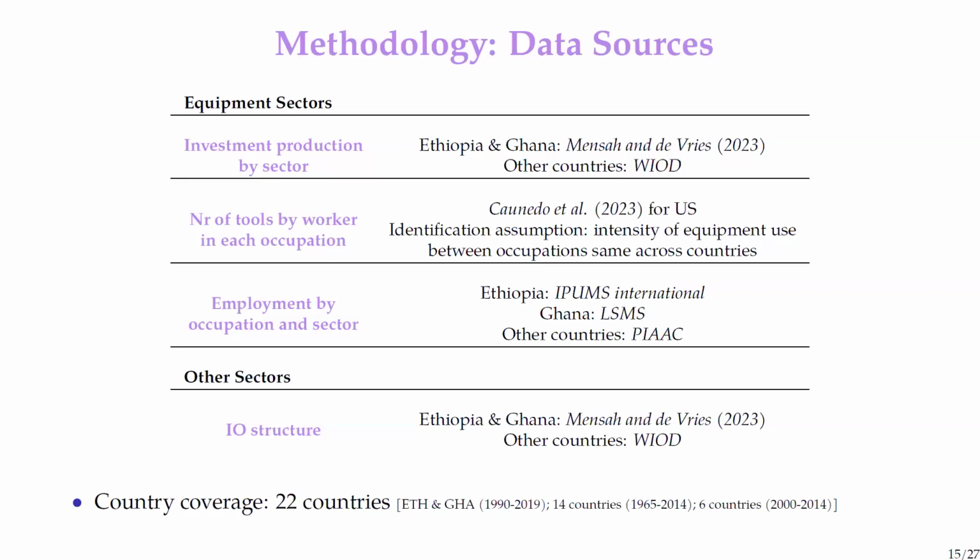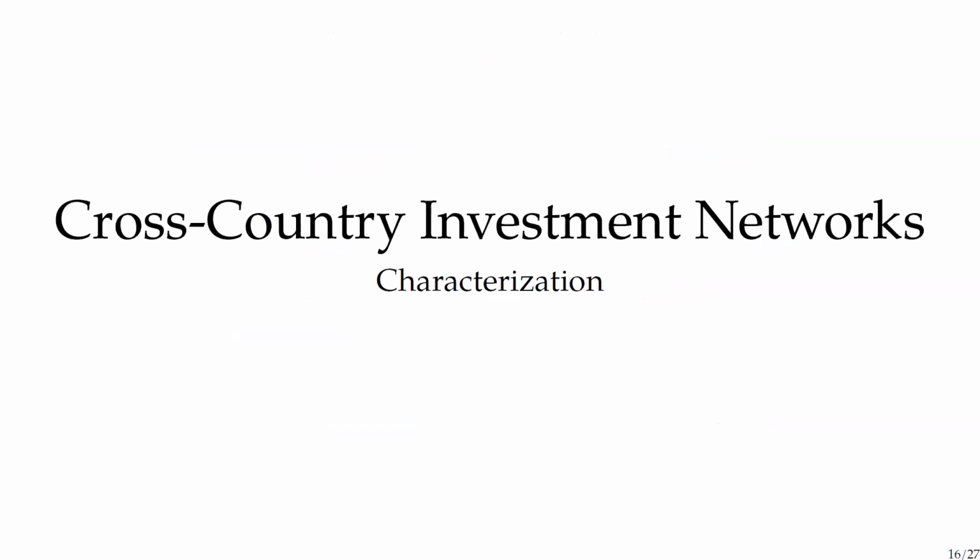For Sub-Saharan Africa we have data from 1990 to 2019, and for 14 countries, we have estimates that go back to 1965, and for another 6 countries, we have estimates since 2000. Okay. So, if there are no questions, let me characterize systematic disparities of this investment.